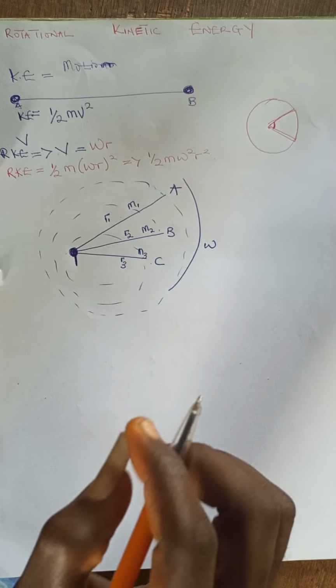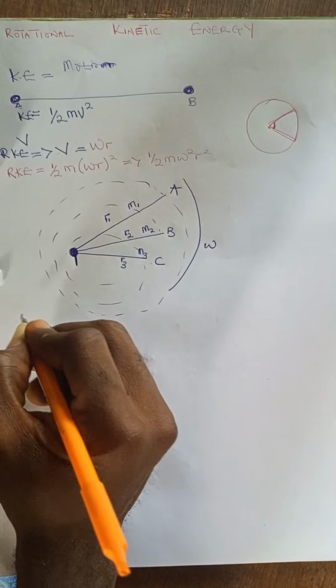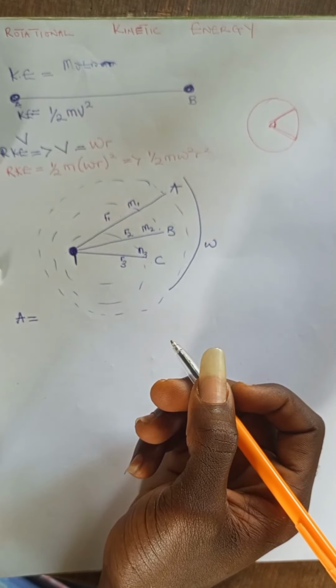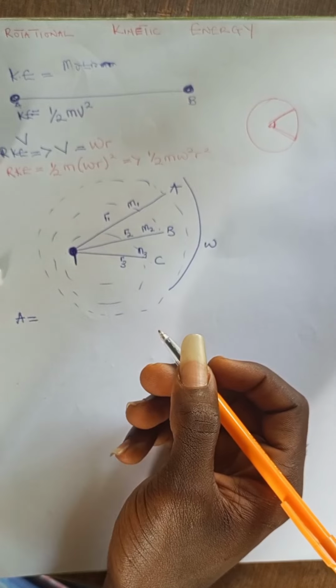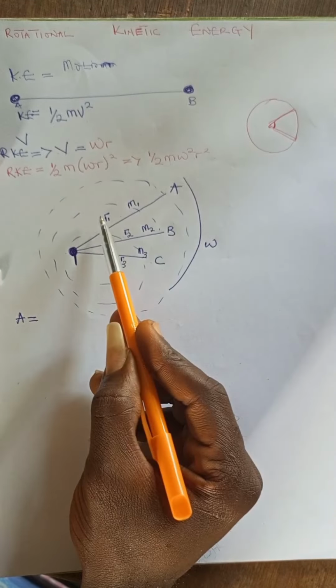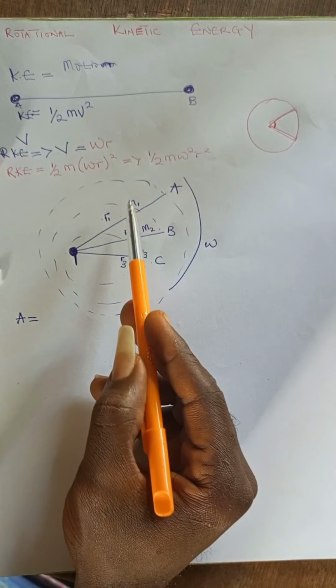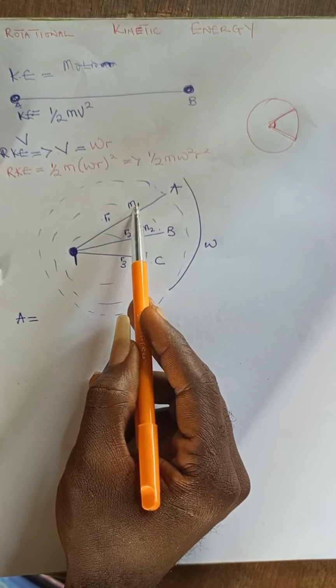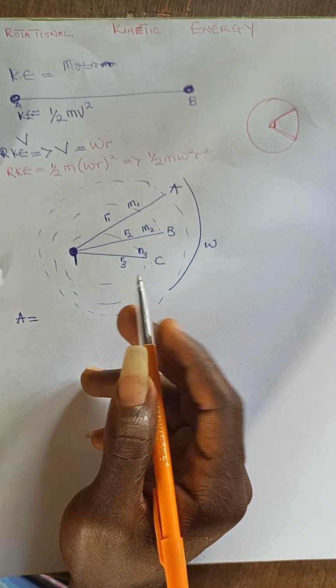So let us look at each of the necklaces. For necklace A, if we look at our formula for rotational kinetic energy, we say it is half m omega square r square. But we have different r and we have different m. So for the A part, R1 and M1 are the radius and the mass.